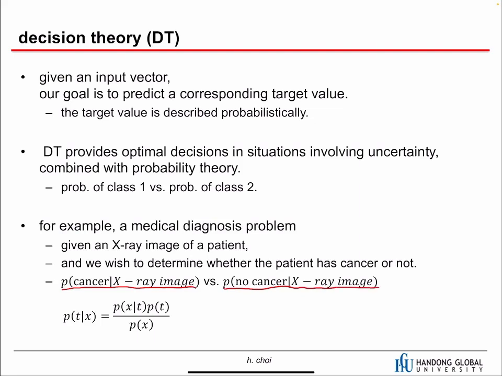Depending on these probability values, we can classify this X-ray image. Actually, we can diagnose whether this patient has cancer or not. This probability is strongly connected to the Bayes rule, so we're going to talk about the Bayes rule in the next slide.